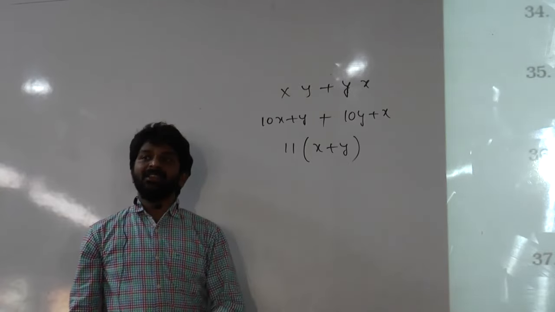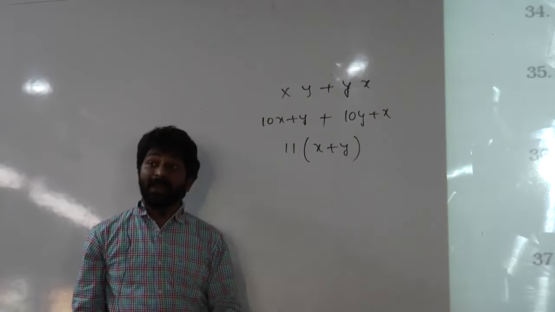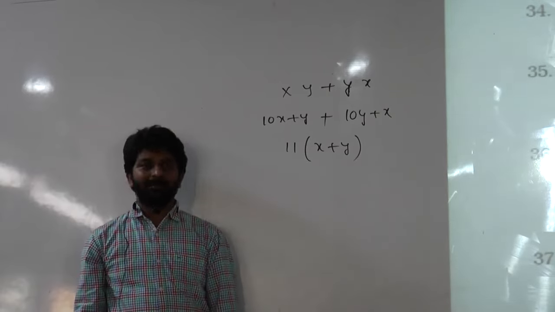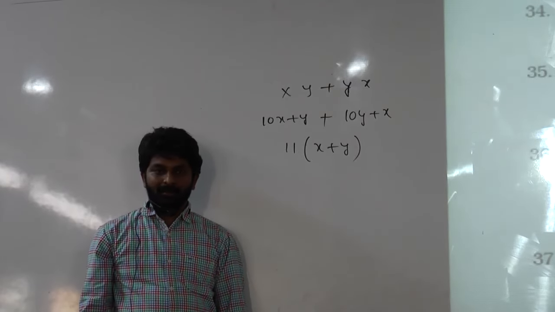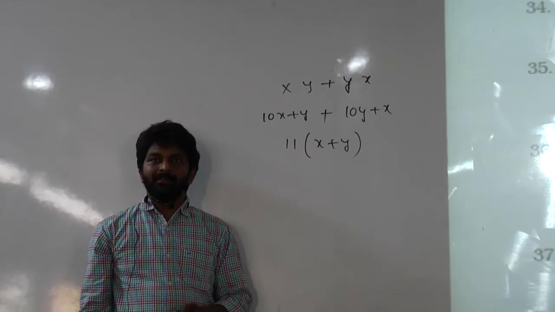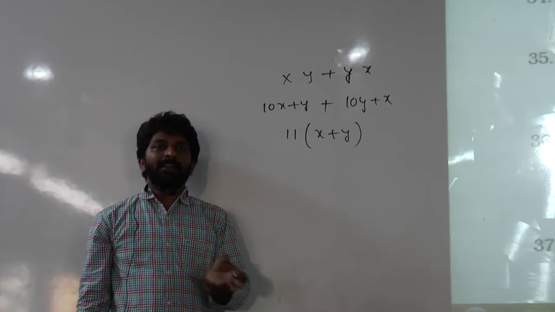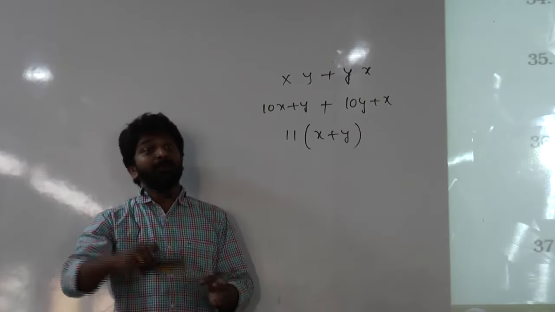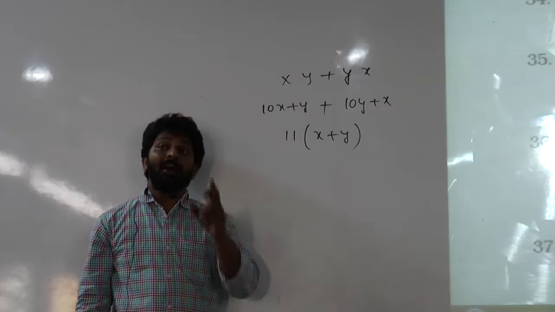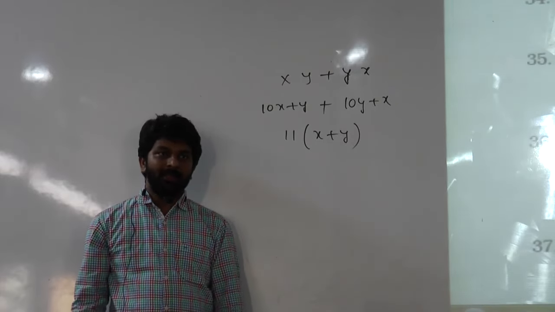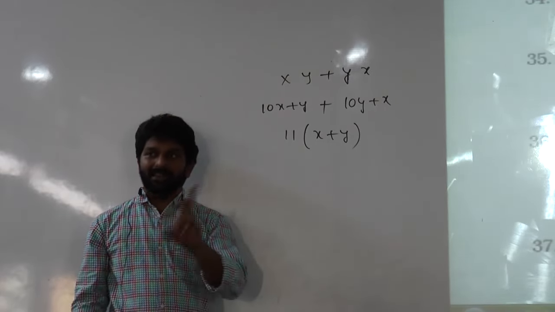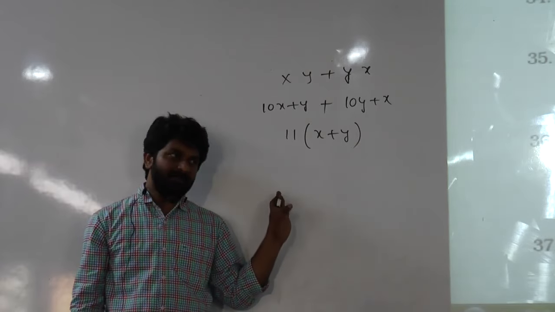If it is addition, that will be a multiple of 11. If it is subtraction, always a multiple of 9. If you subtract the number obtained by interchanging the digits from the original number, you will always get a multiple of 9. If you add those two numbers, you will always get a multiple of 11. This is the basic funda.